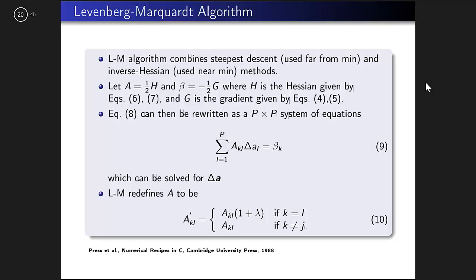Levenberg-Marquardt combines these two methods, the steepest descent, which is used far from the minima, and an inverse Hessian, which is used near the minima.